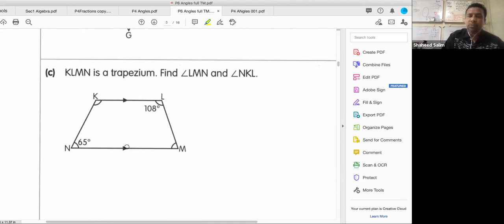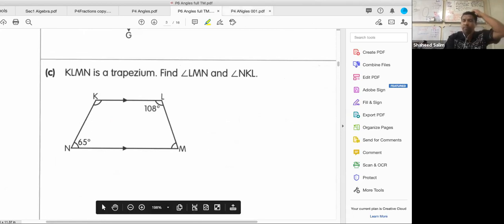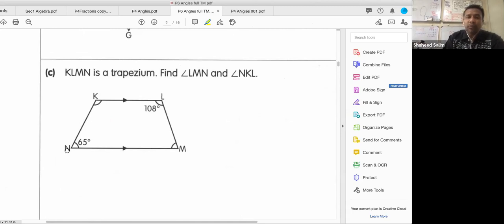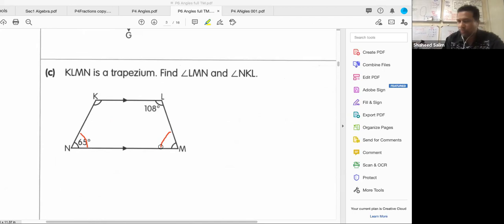Miss Putri, can you see this is less than 90? Now you must ask yourself, boys and girls, which two add up to 180 degrees? If you say this plus this is 180, that is not true. So how do you know? This is parallel, this is parallel.